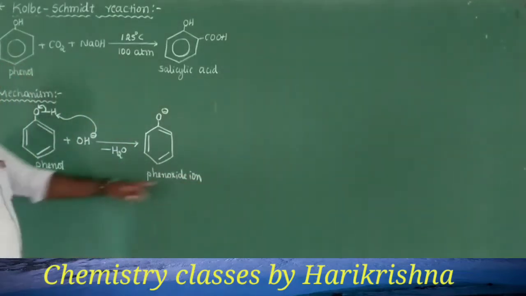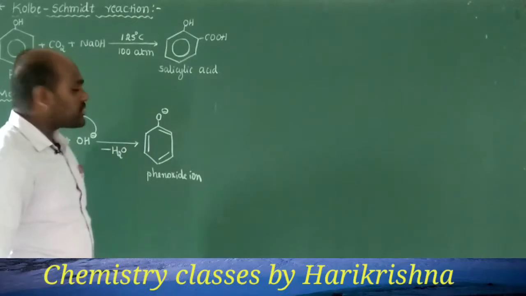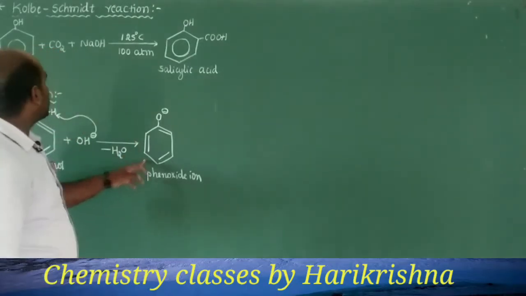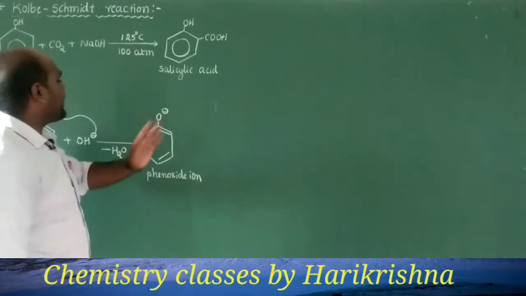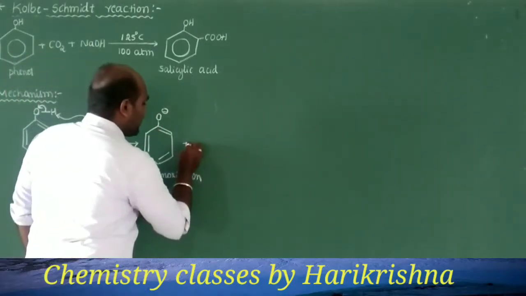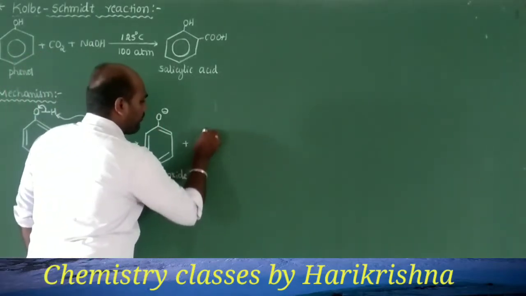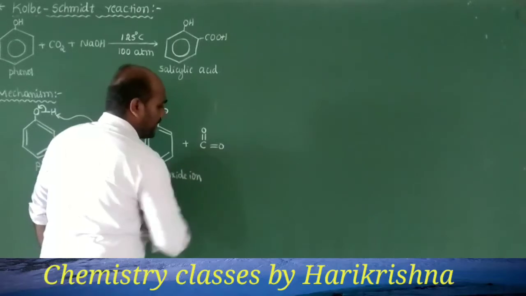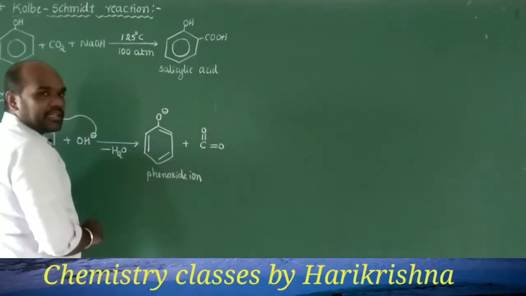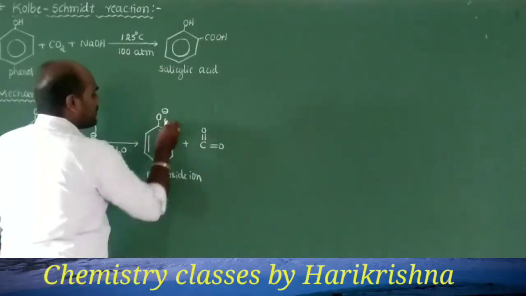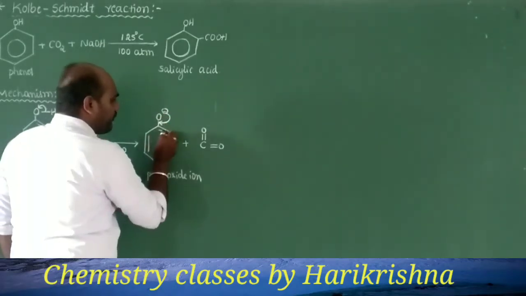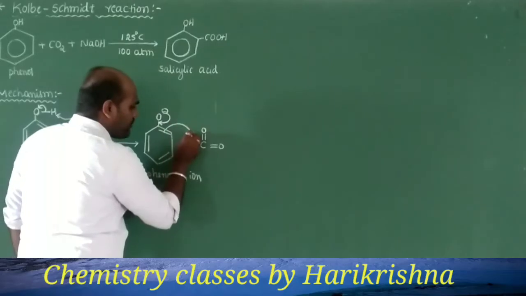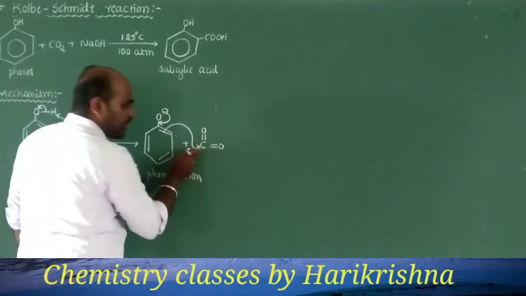Compared to phenol, phenoxide ion is more reactive, and this reactive material will easily bring about the carbon dioxide attack on the benzene ring. So now this phenoxide ion will react with carbon dioxide, which has been written here. This negative charge will come over here, and therefore the pi electron density present over here will attack the carbon atom.